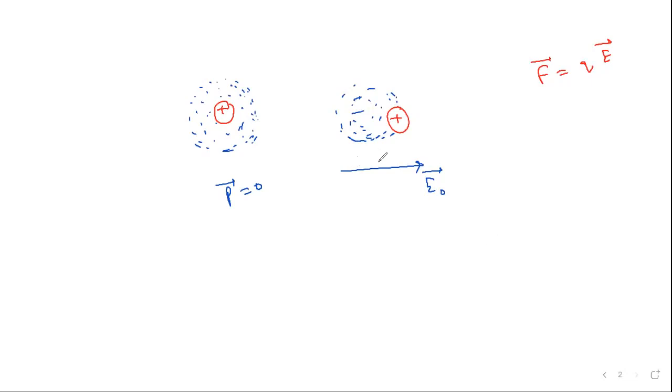Now the center of positive and negative charge do not coincide, right? So there is creation of an electric dipole moment. This kind of electric dipole moment is called induced electric dipole moment.